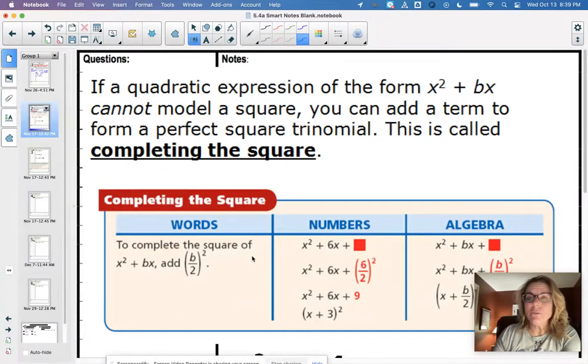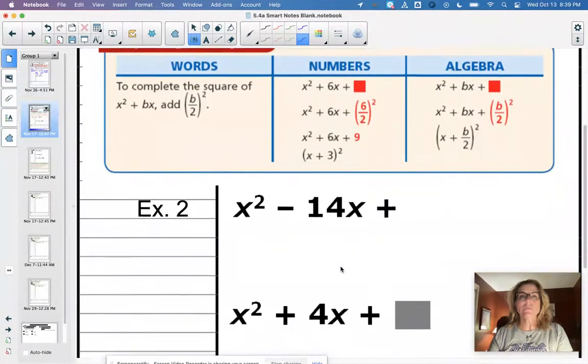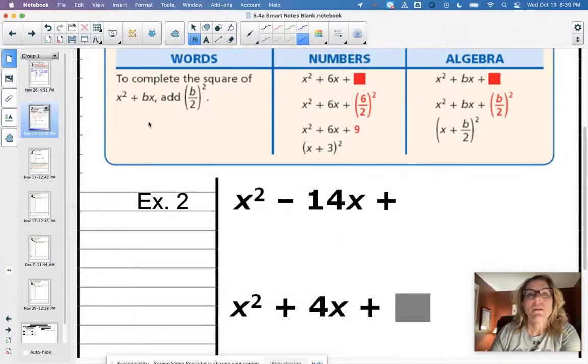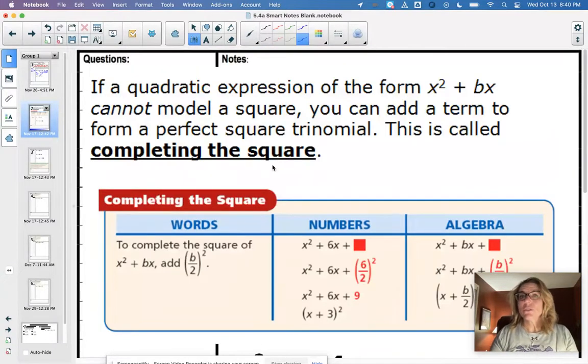Again, this is another method used to find the zeros, the roots, the x-intercepts. So it's saying to complete the square of x squared plus bx, we're adding b over 2 squared. So that's what we're going to practice doing right now, because what we're trying to create is a perfect square trinomial.